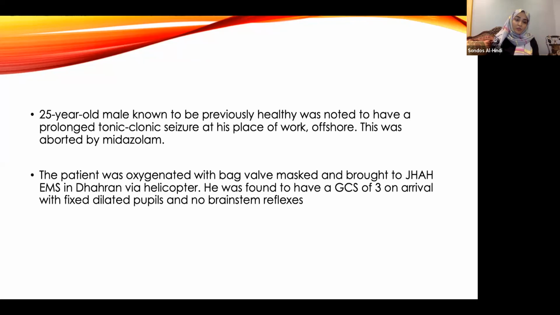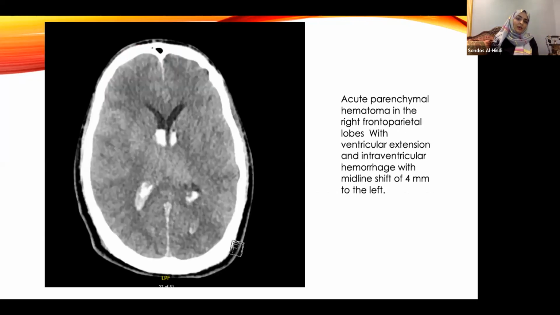This is a very unfortunate young man. He had bled extensively. He had a sudden severe headache, and it was found that he had a massive intraparenchymal hemorrhage with extension intraventricularly and herniation of the brain.